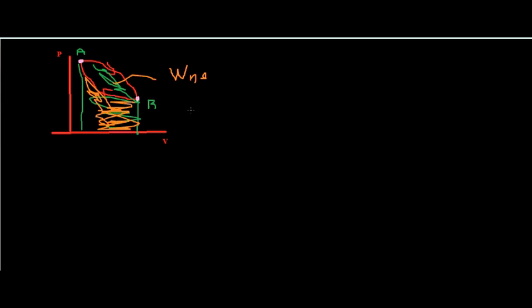So the change in internal energy, which we would define if it's a monatomic gas, and then the net work done by the system is the change in kinetic energy of the system.